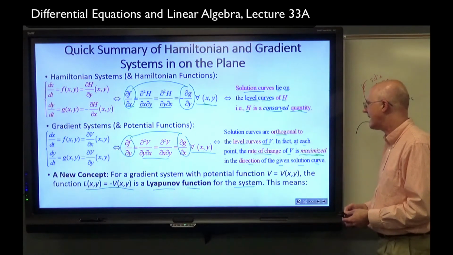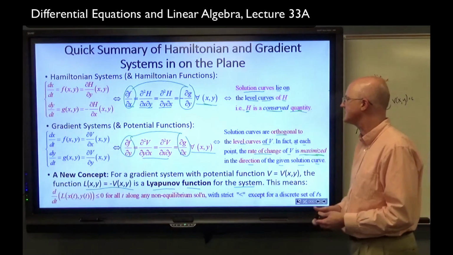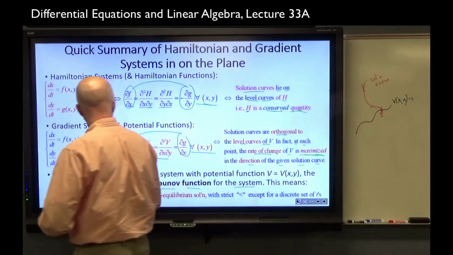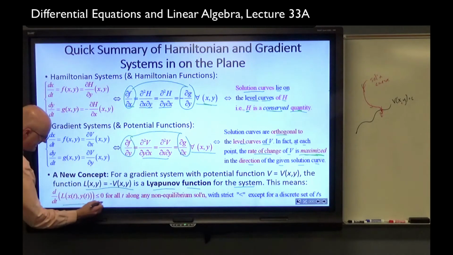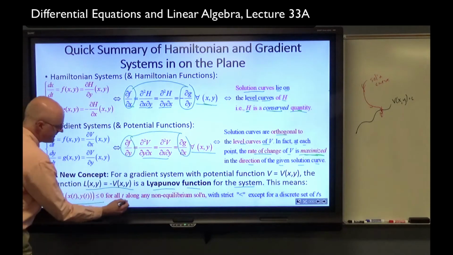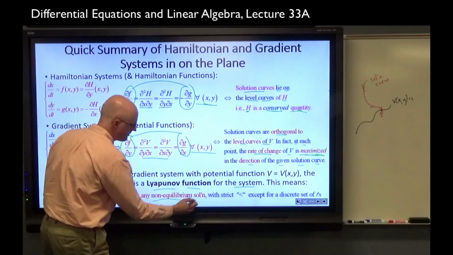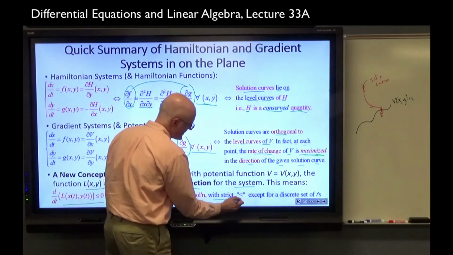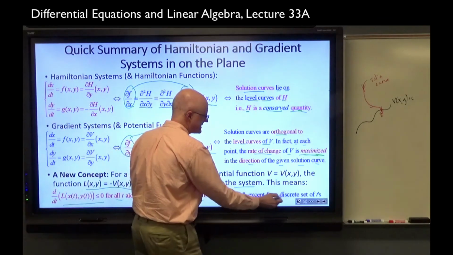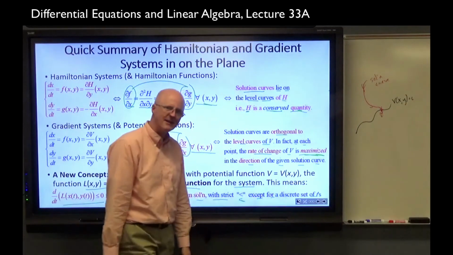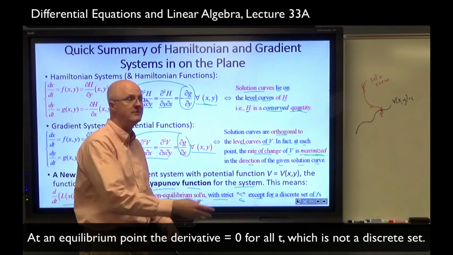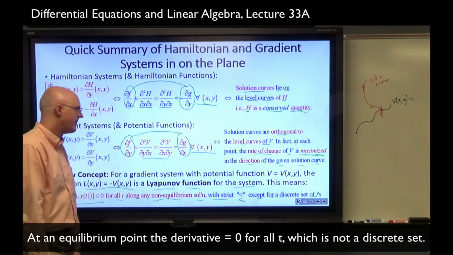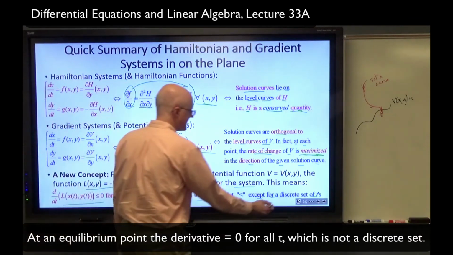What does it mean to be a Lyapunov function? It means the derivative along solution curves, along any non-equilibrium solution, this derivative is less than or equal to 0 for all t, again, along any non-equilibrium solution, with strict inequality, except for a discrete set of t's, like a finite set of t's, or what's called a countably infinite set of t's, like 1, 2, 3, 4, 5, 6, etc. That's what's called a discrete set of times.